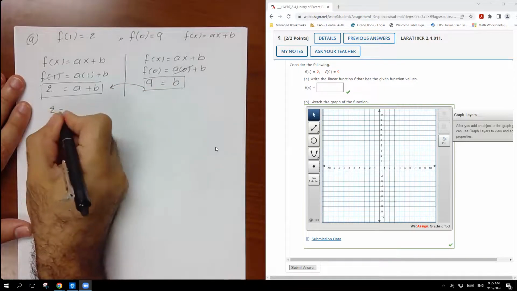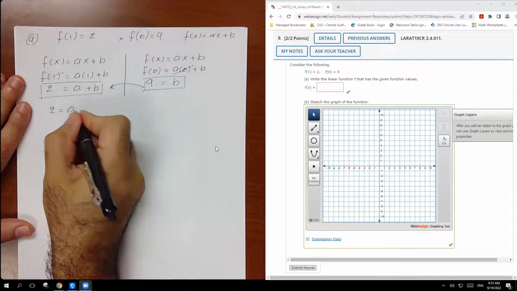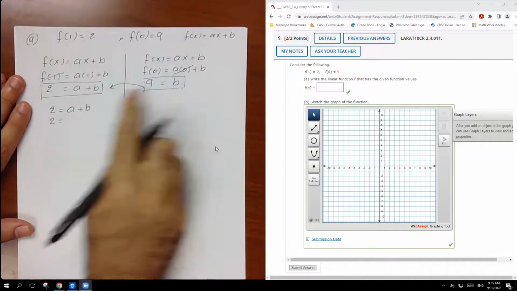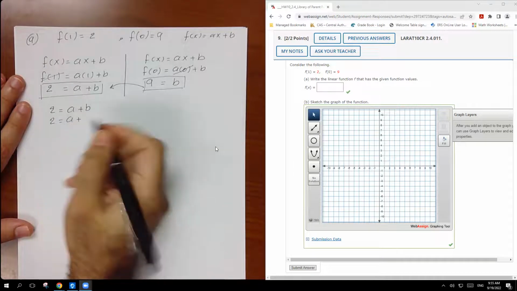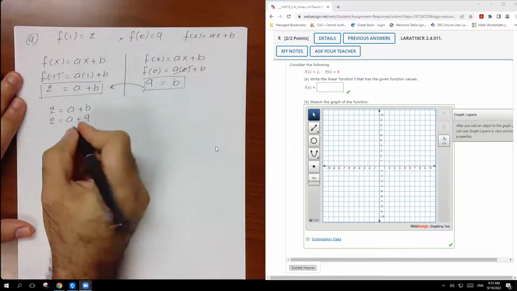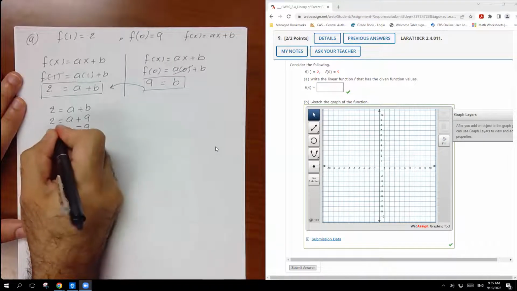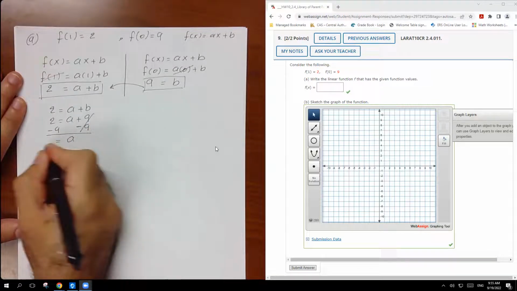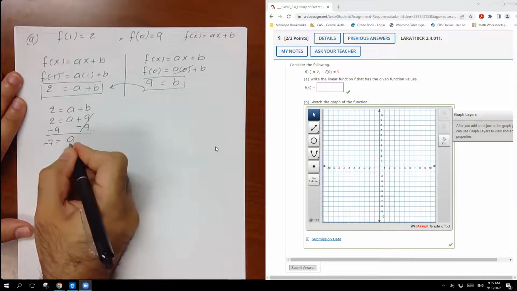I'm going to plug in this one here. So 2 equal a plus b, where b equal 9. Now I need to solve this one to find the value of a. So minus 9 from both sides. That means a is going to be equal -7.